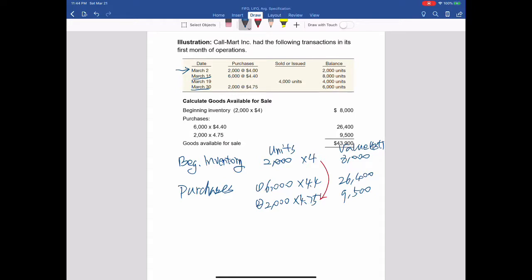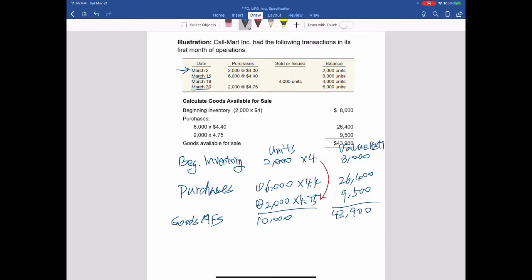Okay, so total goods available for sale, number of units is 10,000 and the cost is 43,900.